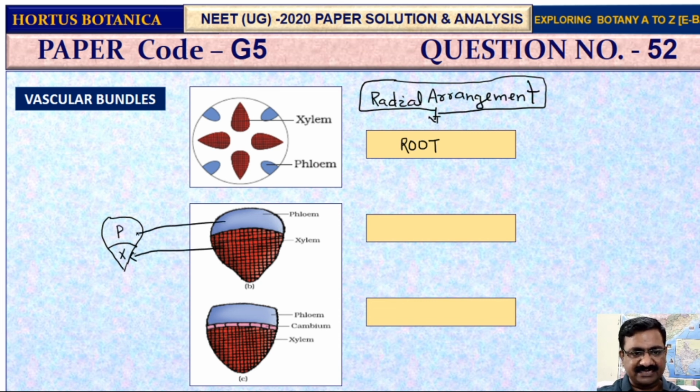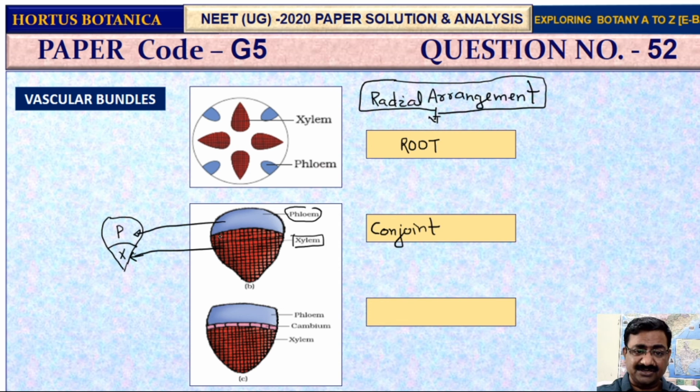The phloem is present in the upper layer and the xylem in the lower layer. This condition is called conjoint. If in a vascular bundle the xylem and phloem are present on the same radius, this condition is called conjoint.